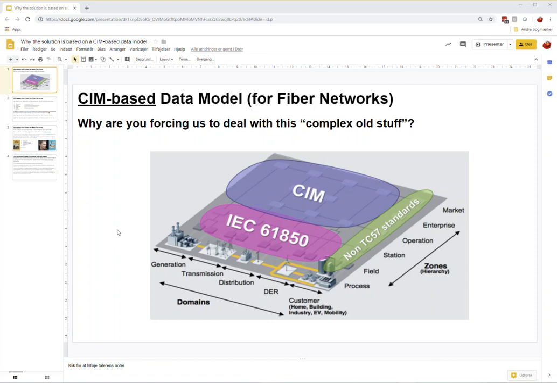Because basically what we see out there today with the existing systems for handling fiber optical network models in the GIS is that they are very, very difficult to maintain and very, very difficult to extend, and are very, very expensive to operate, because everything is built from the start with no vision in terms of how do we handle all this complexity that will come.